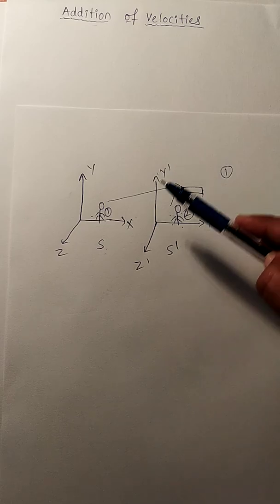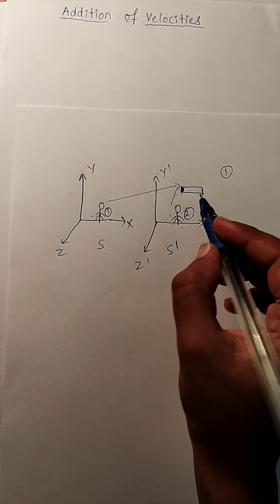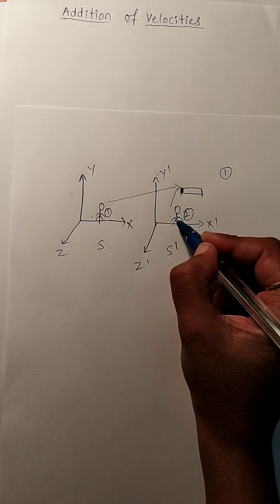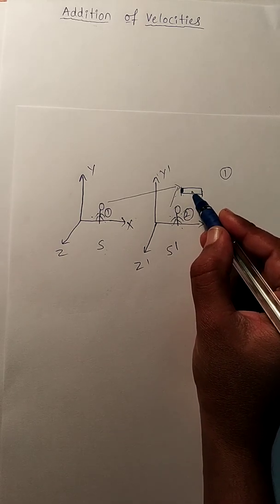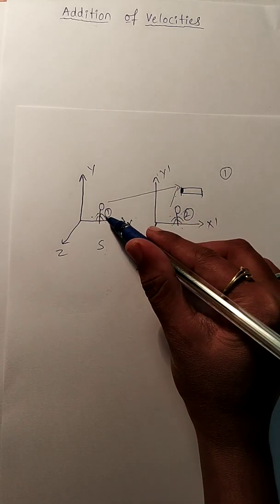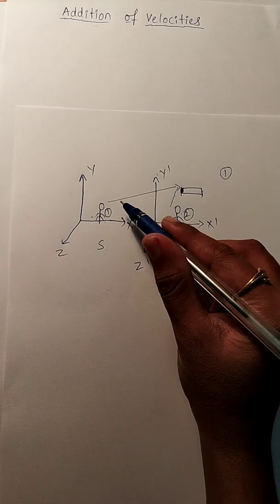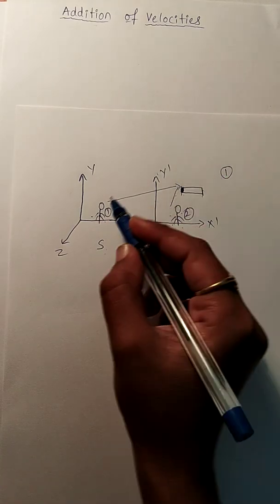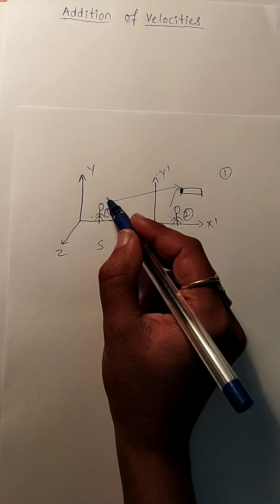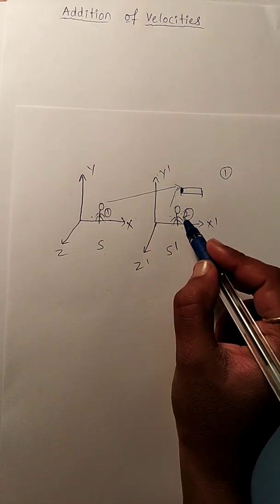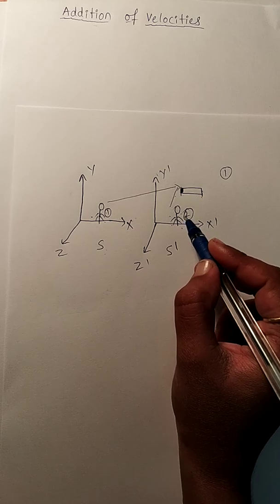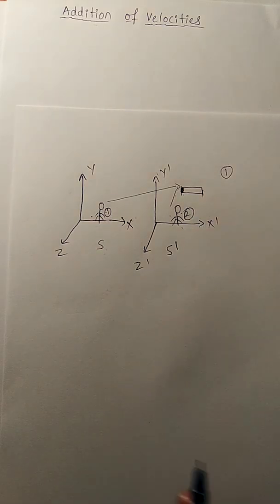So when both these are moving, for the second observer, the length he calculated will be more than the first observer. That is vice versa. What we can tell, the length the first observer calculated should be less than the length calculated by the second person.